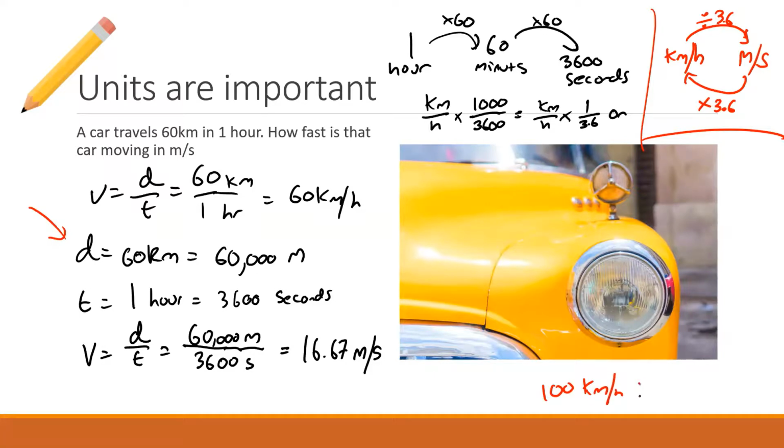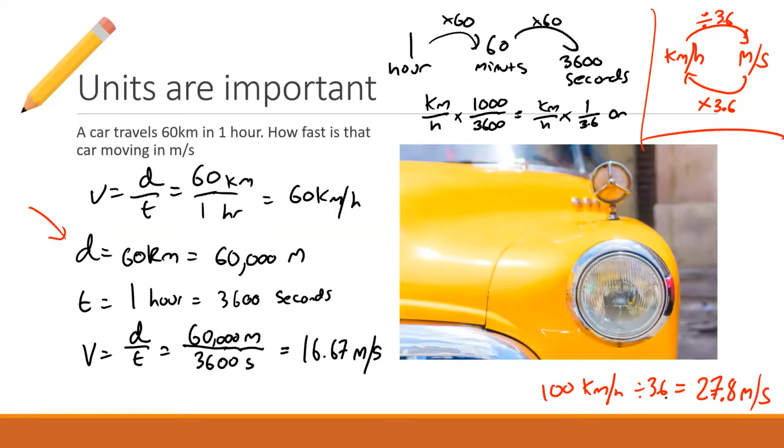If I divide this by 3.6, then that's going to equal 27.8 meters per second. That's a way that I can quickly and easily transfer from one thing to another.